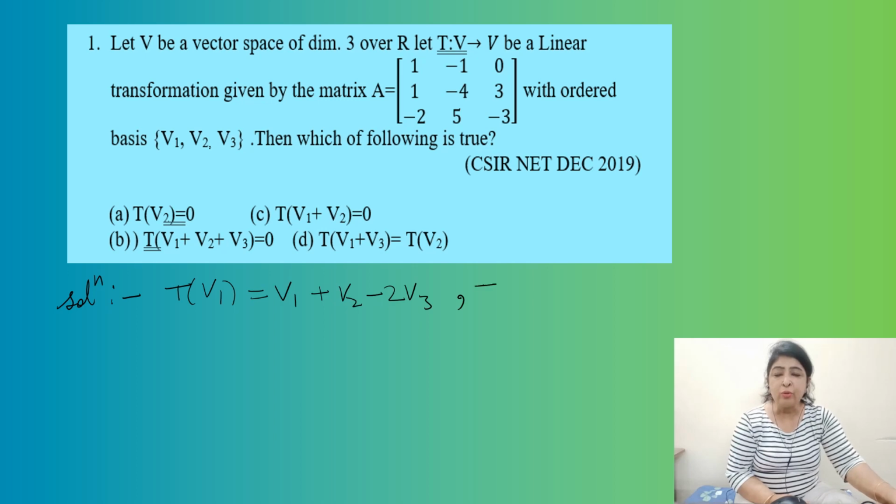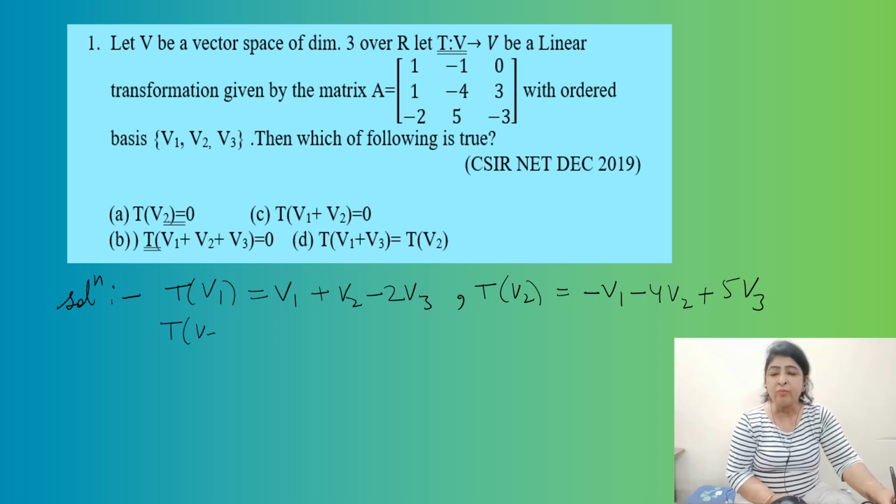T of V2 is equal to minus V1 minus 4V2 plus 5V3. T of V3 is equal to 3V2 minus 3V3. Clear? Now what do we have to prove?